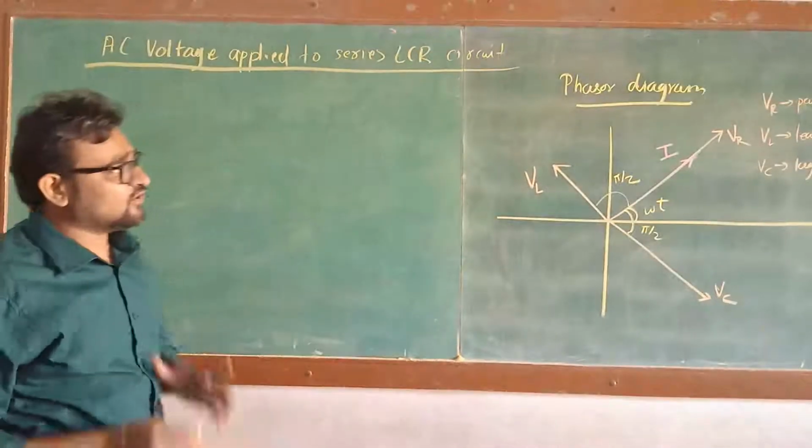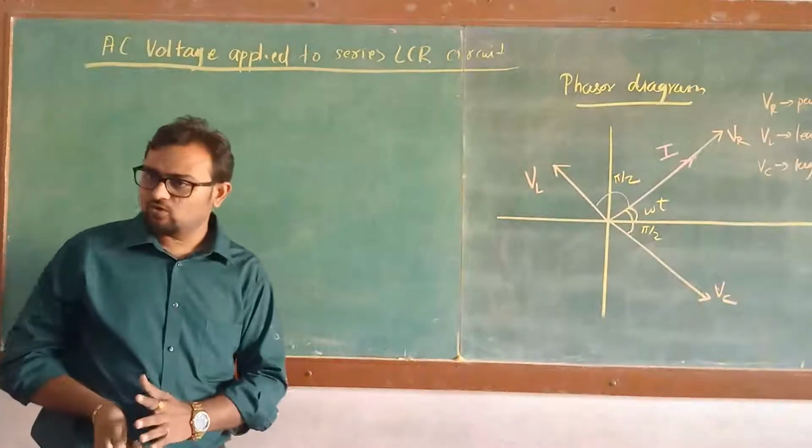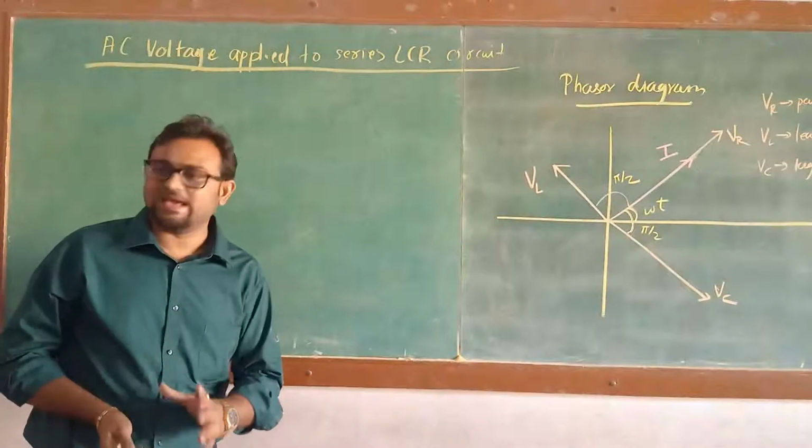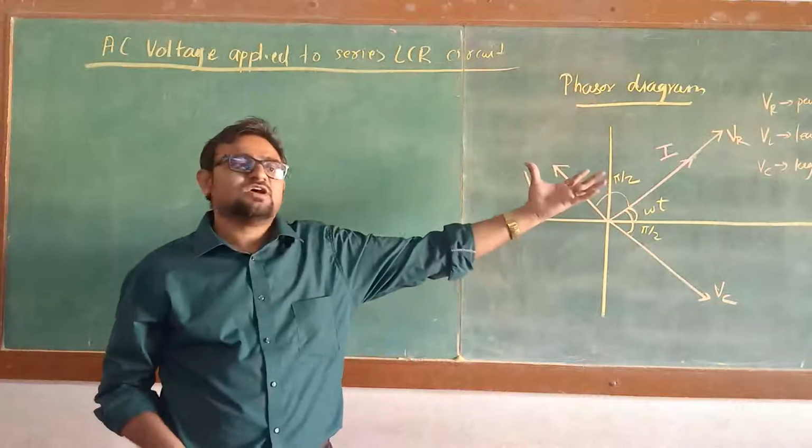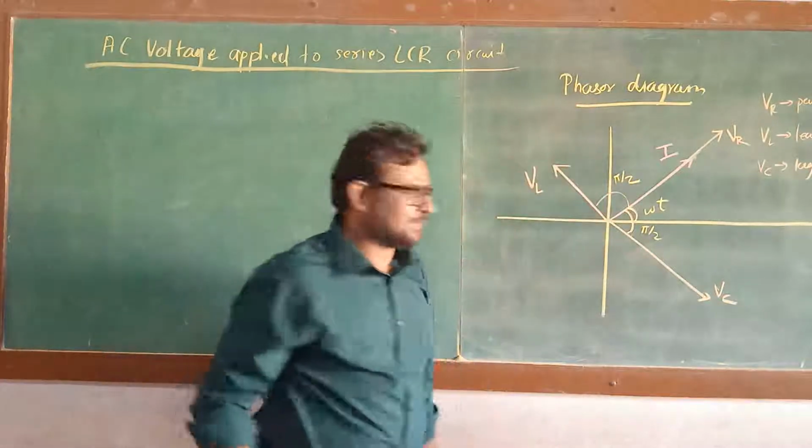Now if you want to find the maximum value, that is the amplitude, of the voltage across the inductor, across the resistor and across the capacitor.